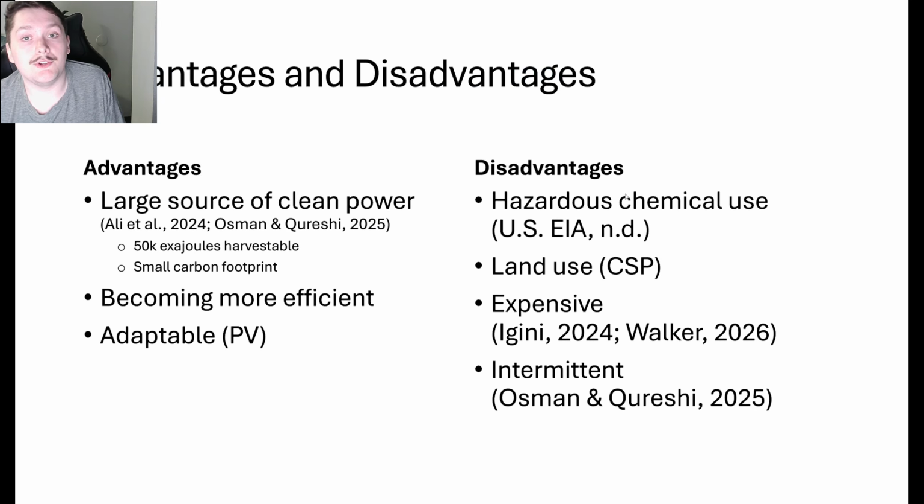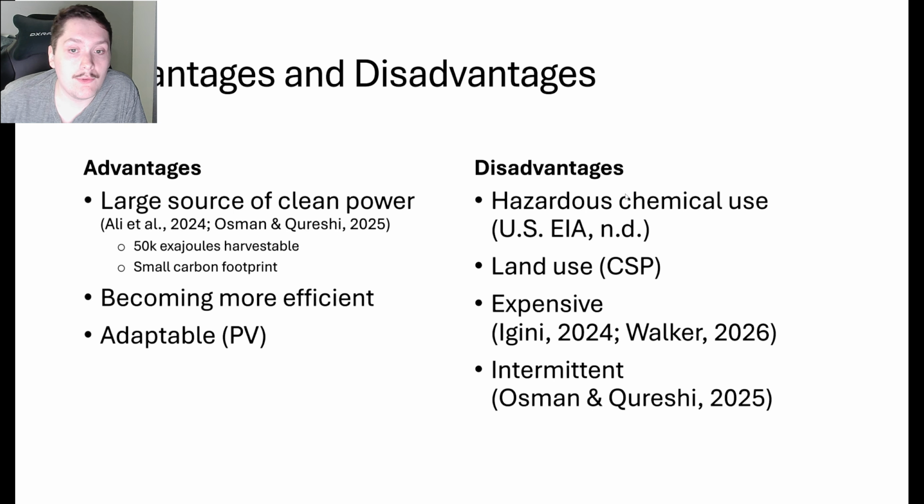So what are some of the advantages and disadvantages? I think that the largest advantage for solar power is the fact that it's just a huge source of clean power. In fact, it's estimated that about 50,000 exajoules of solar power is actually harvestable. There is way more that hits the Earth. I believe it's about 4 million exajoules.